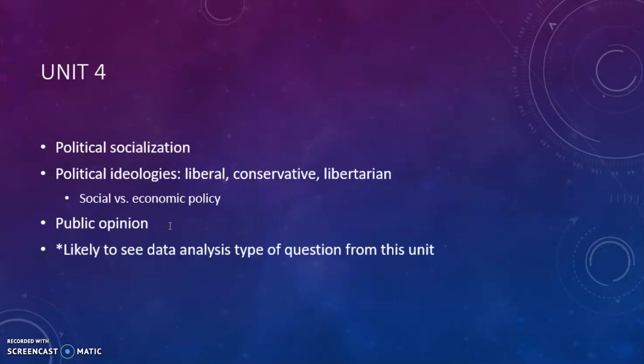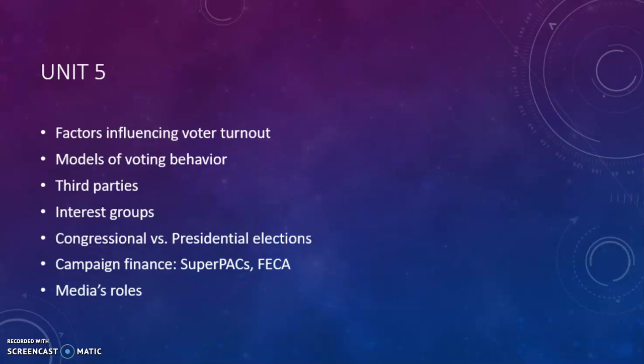You also want to have a high sample size, and when I say high, I mean really only 1,000 to 1,500, in conjunction with random sampling, to have a higher confidence of 95% or higher in that data set. So very important to note that you're likely to see some type of question dealing with interpreting data from Unit 4, so be aware of that for one part of the FRQ.